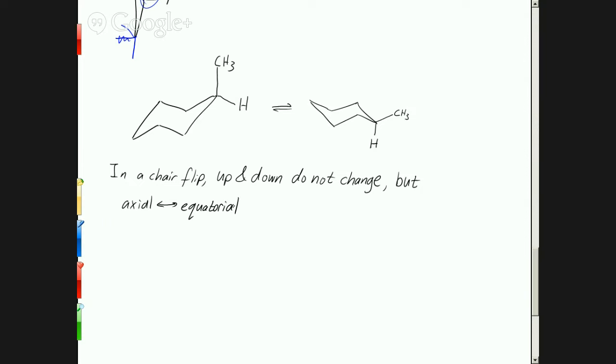So up stays up and down stays down, but the axial, the straight up and down, becomes the equatorial, the diagonal up and down. And that happens for every single position on that ring. So if you do that flip, you should see every one of those hydrogens moving from either axial to equatorial or equatorial to axial.